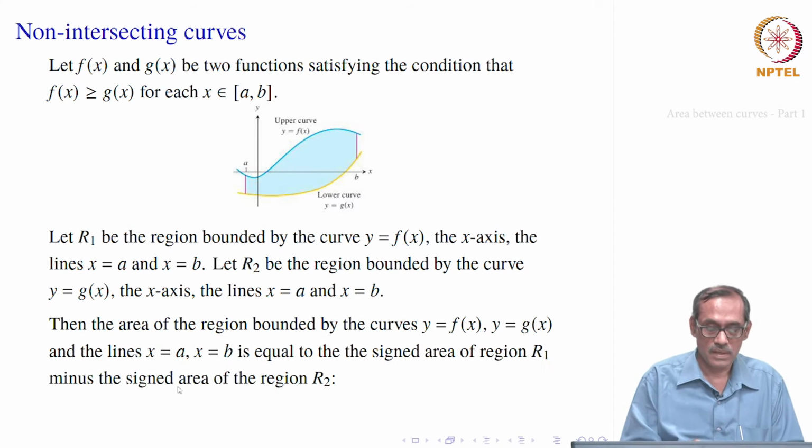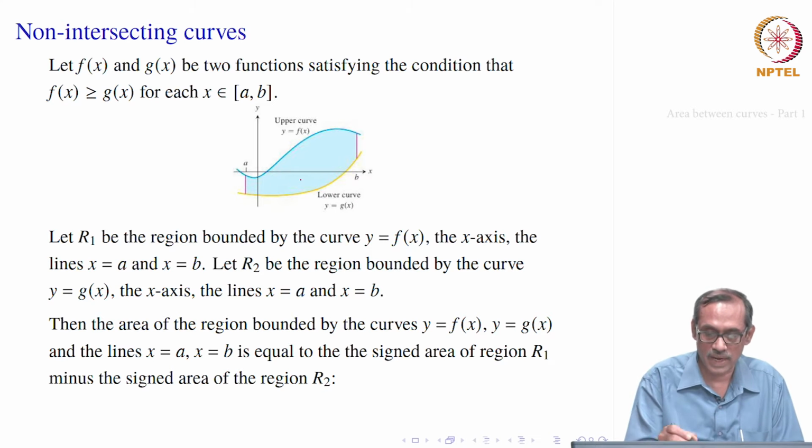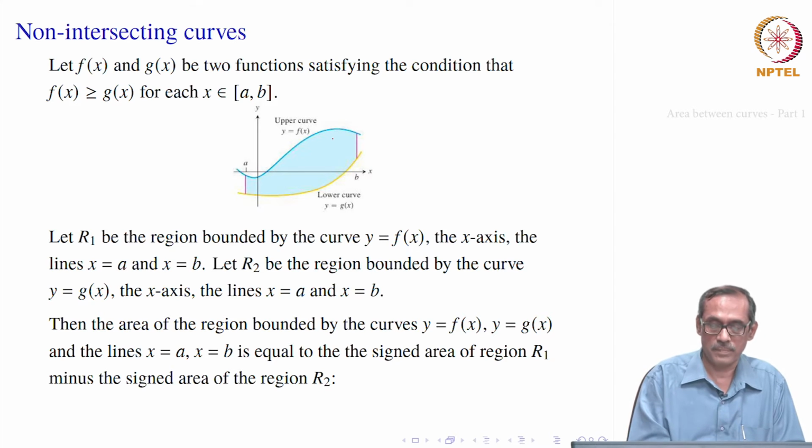Now, how to get the area of the region bounded by these two curves, on the left by x equal to a and on the right by x equal to b? You can see it is the signed areas: first you take the area for f of x, then subtract the area for g of x and you would get that area, right.